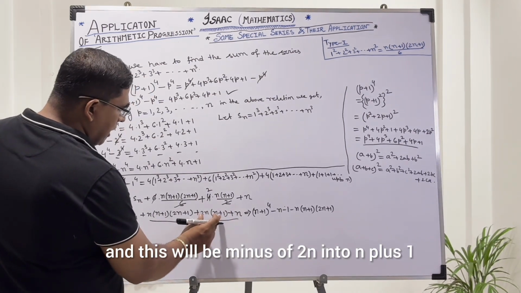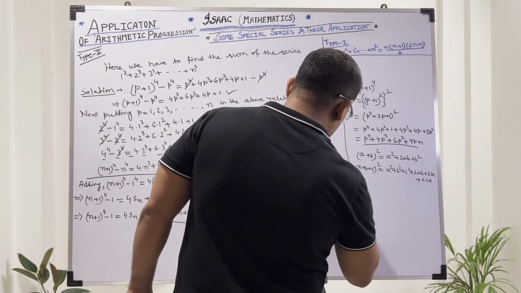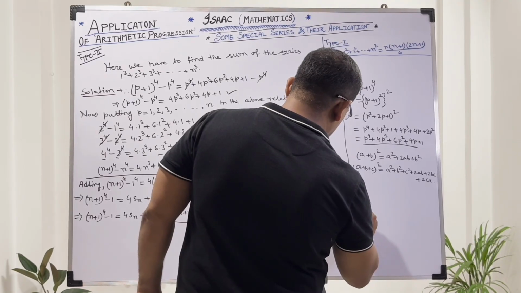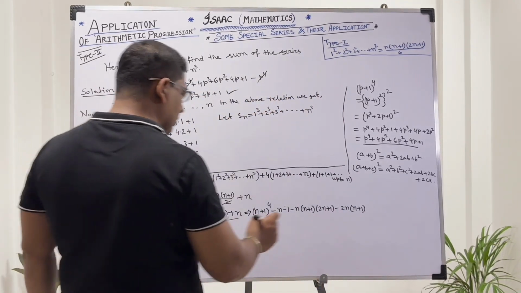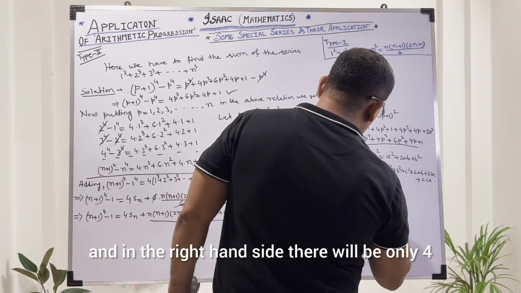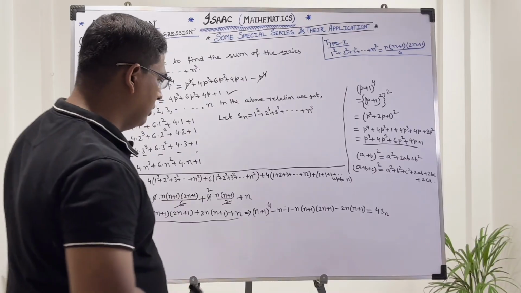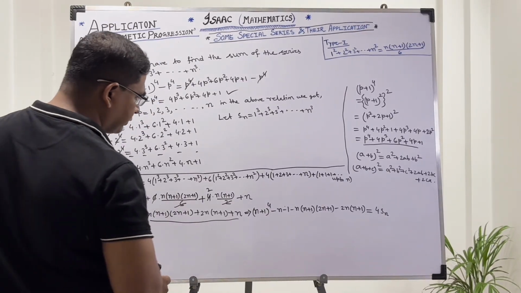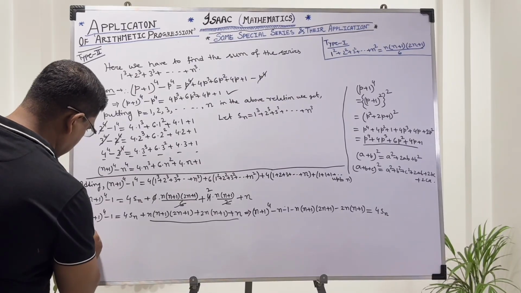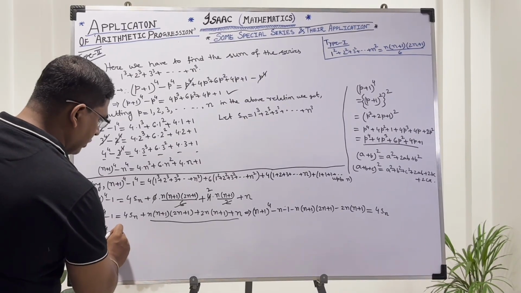And this will be minus of 2n into (n plus 1). And on the right hand side, there will be only 4 times of S of n.